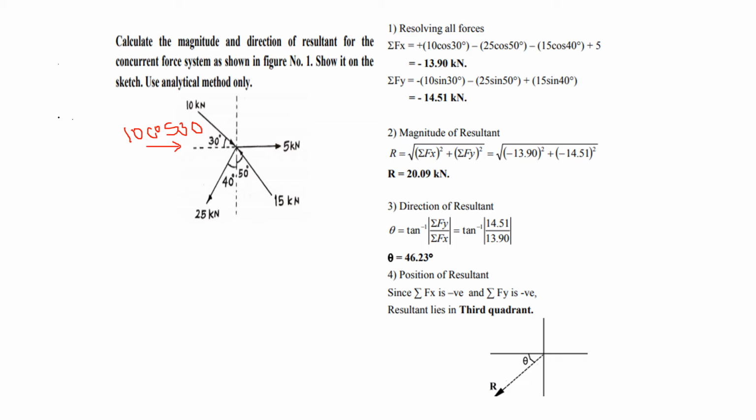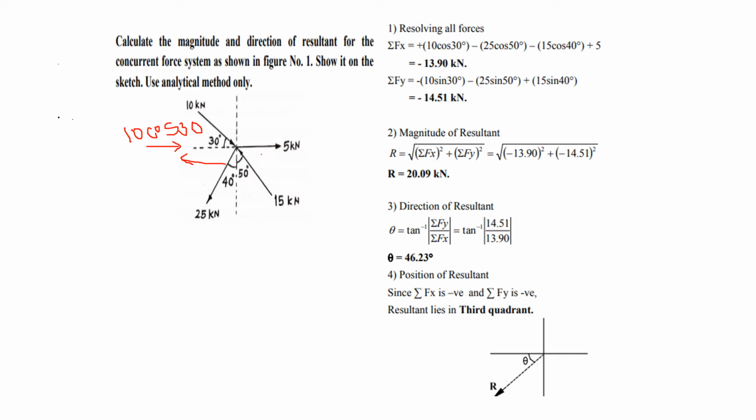So 10 cos 30 minus 25 cos 50. Its horizontal component is like this, so minus, because it is at the left side. Minus 25 cos 50 minus 15 cos 40.